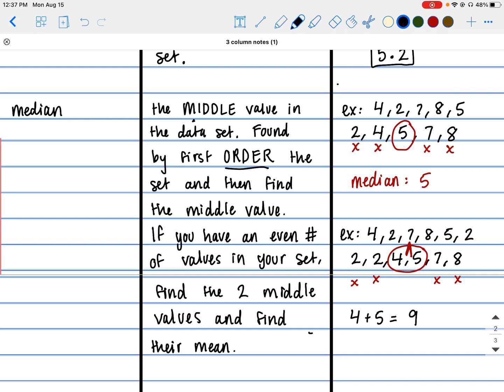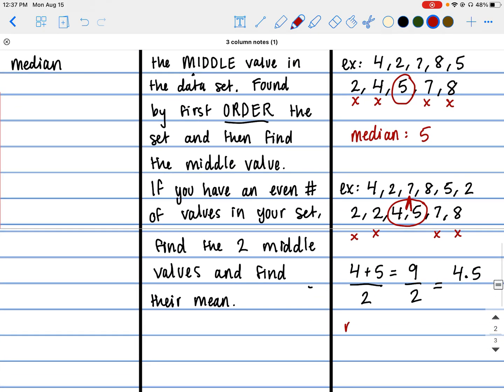So 4 plus 5 is 9. And how many values are in the set? Well, we're just talking about those 2 values. So there's 2. We do 9 divided by 2. And if you did that on your calculator, that would get you 4.5. So the median here would be 4.5 if we were talking about that extra value added in the set. Okay? Hopefully that makes sense to you.